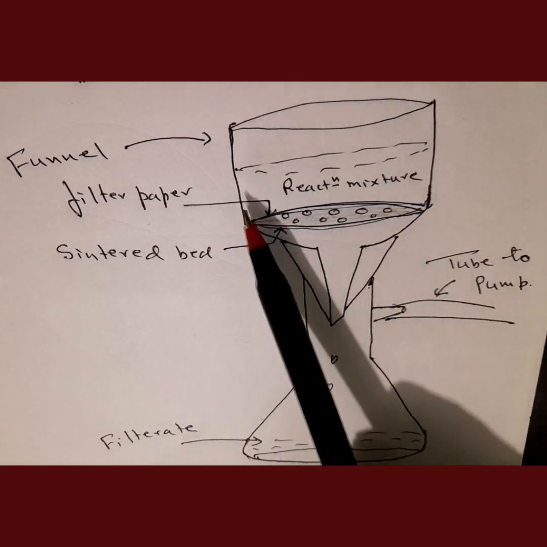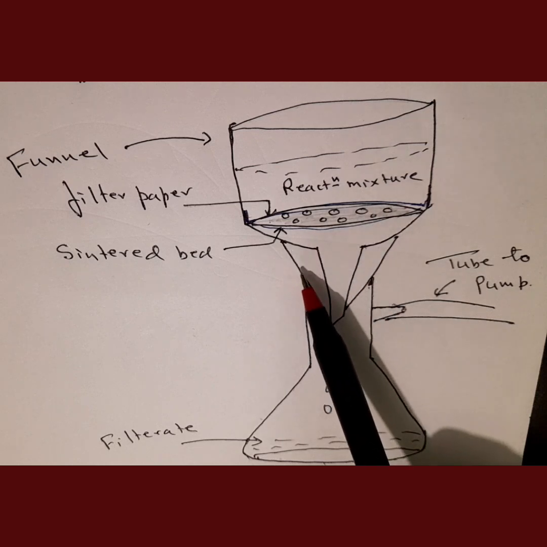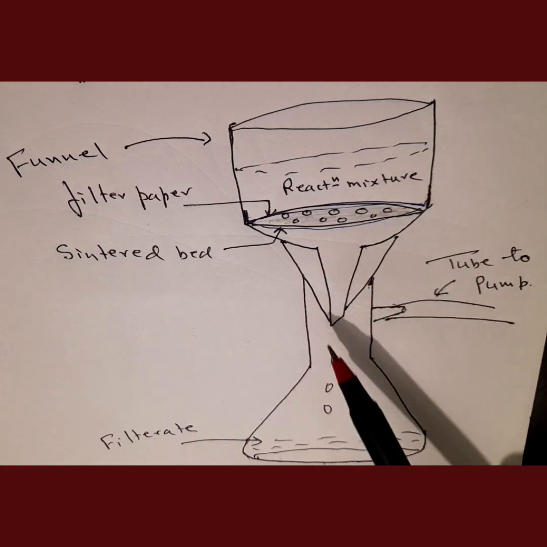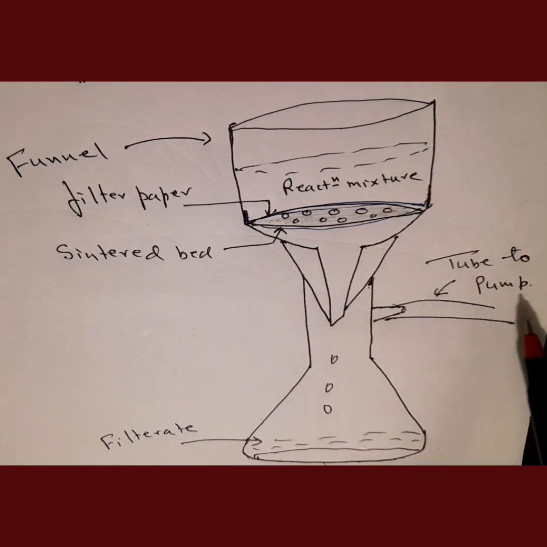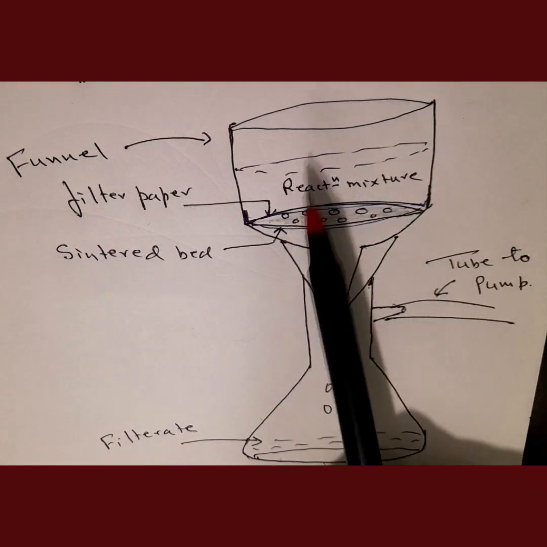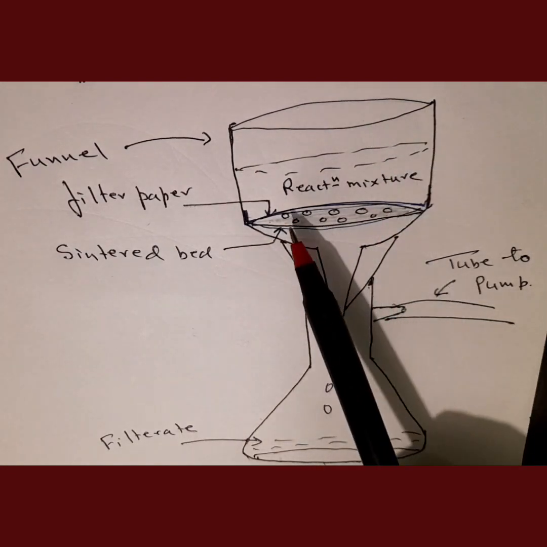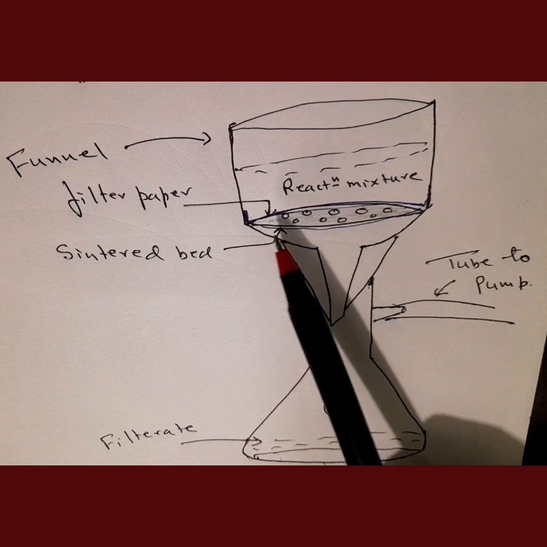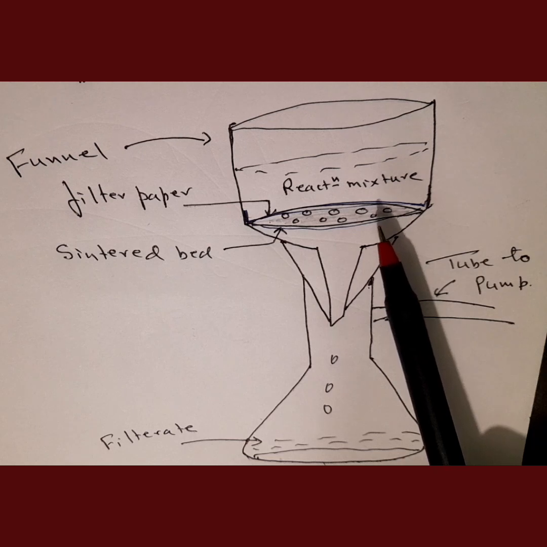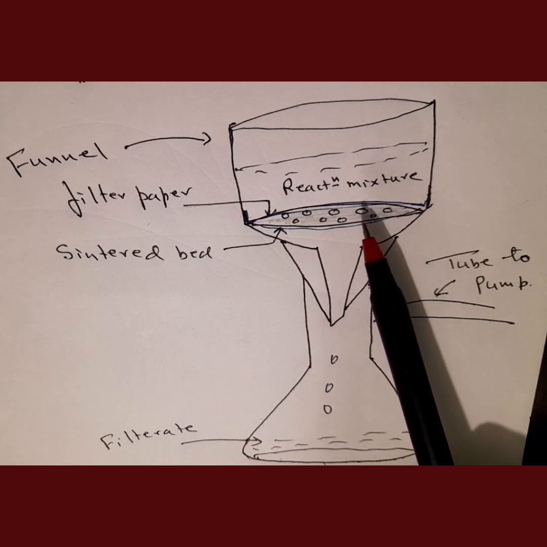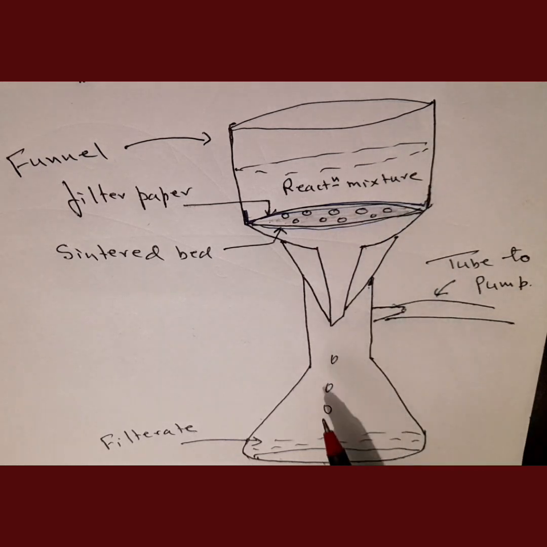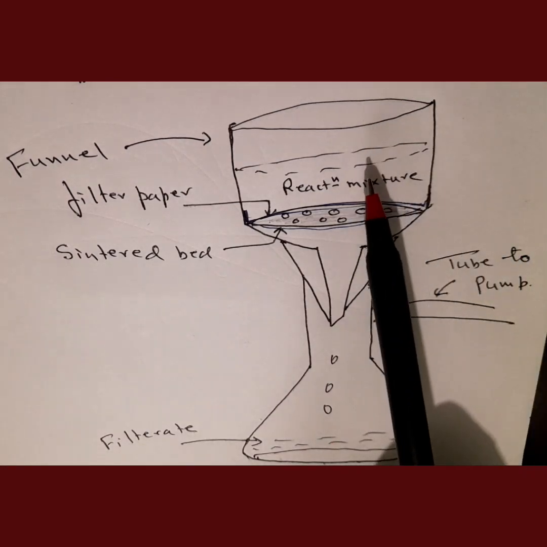Now Buchner's funnel is just a funnel with a sintered bed, and it has got a rubber band over here, so that makes it airtight, because the flask is going to be connected to a vacuum pump for making filtration efficient. It has a sintered bed on which is placed filter paper. Filter paper again depends upon what Whatman filter paper you want to use, coarse or fine. Having selected that, having this assembly done, we pour in our reaction mixture over here.